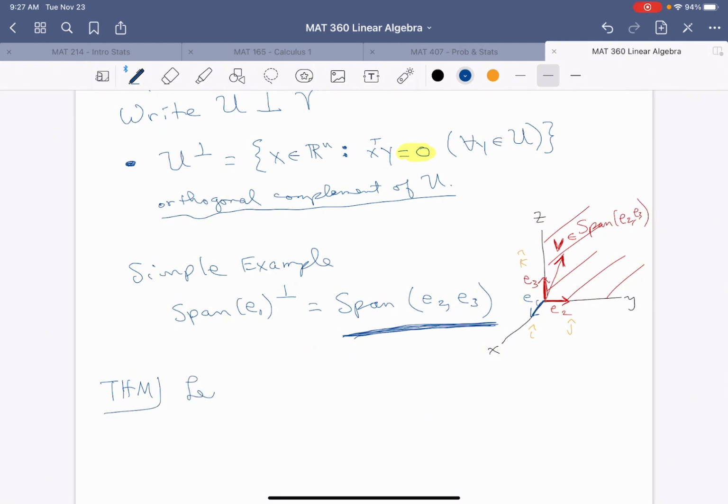All right, so let U and V still be subspaces of Rn, just like we're working with now.